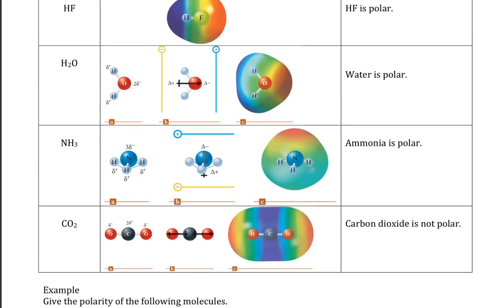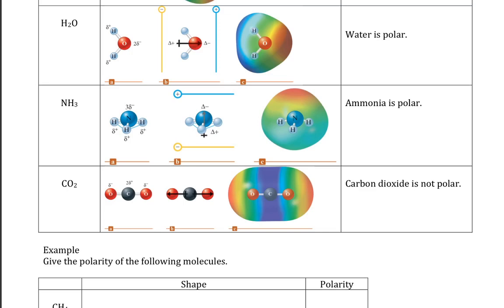Okay, ammonia. There we see a structure of it. Ammonia has the trigonal pyramidal shape. It has a lone pair of electrons on the end, and then the three H's kind of pointing downward. So trigonal pyramidal, it is polar. The N end has the partial negative charge, the H's the partial positive charges.